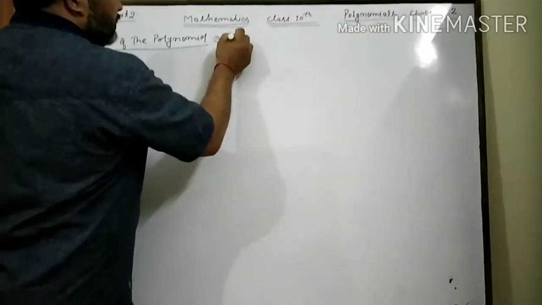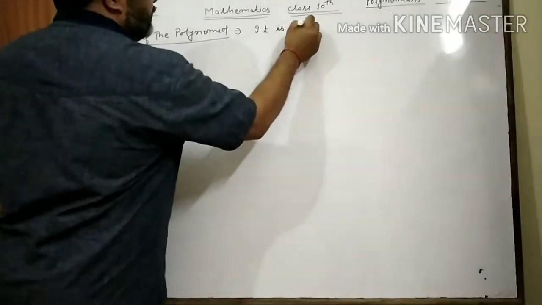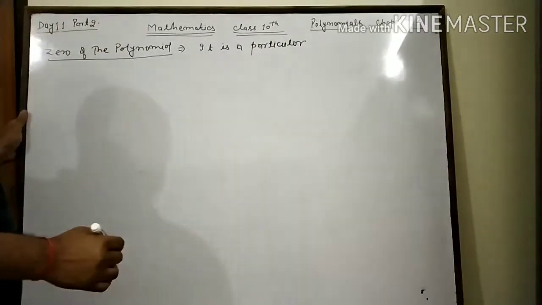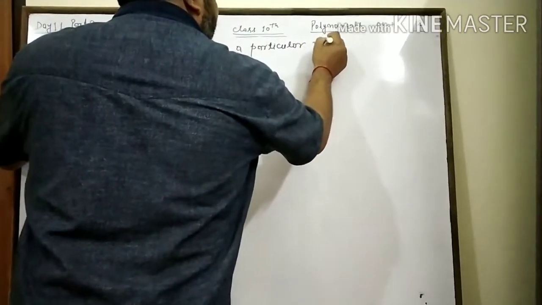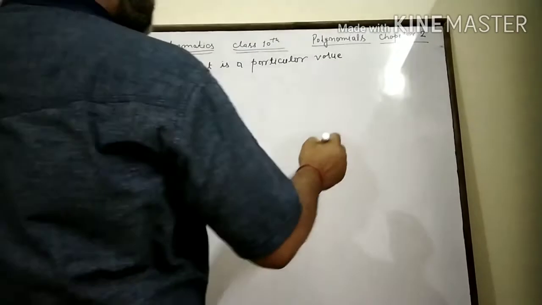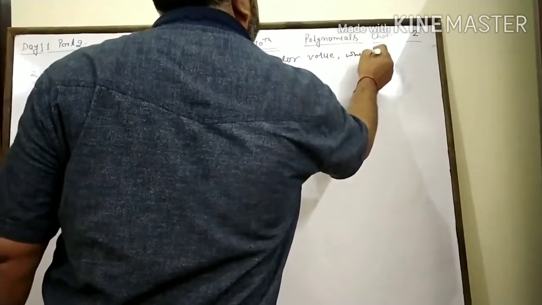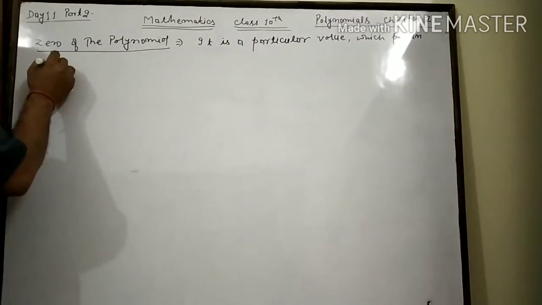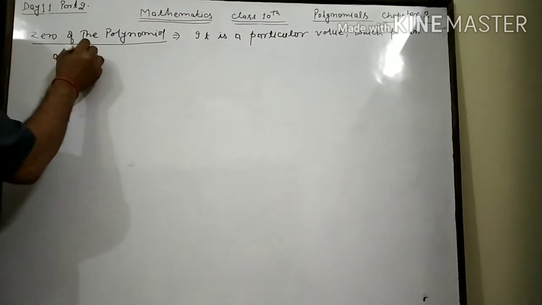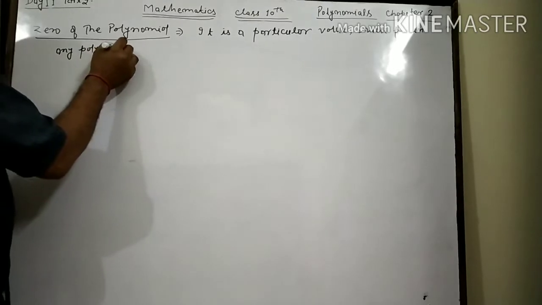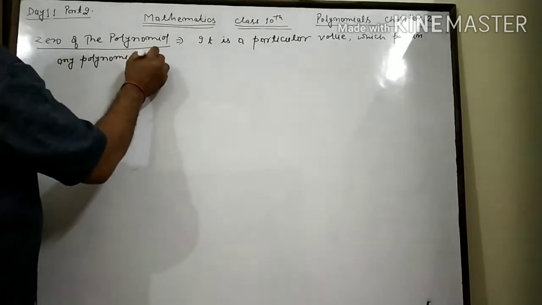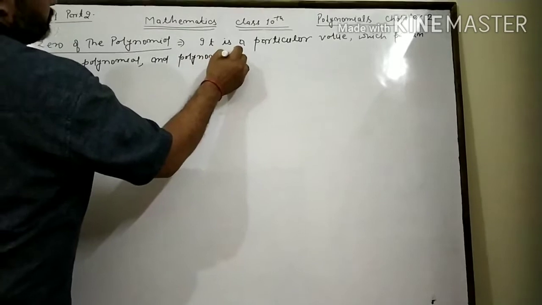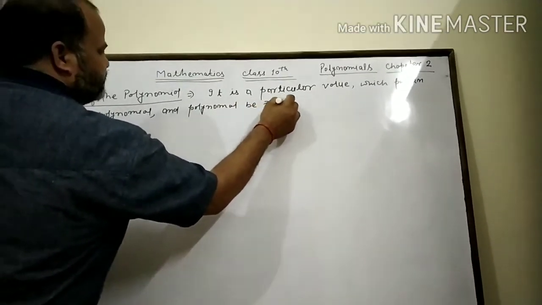Then it is a particular value which, put in any polynomial, makes the polynomial zero.